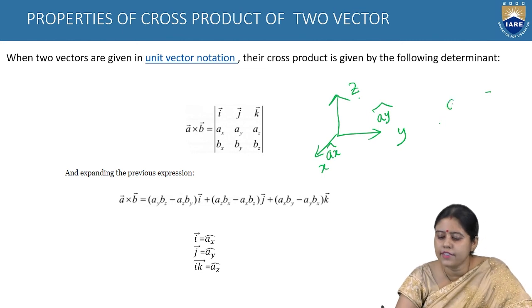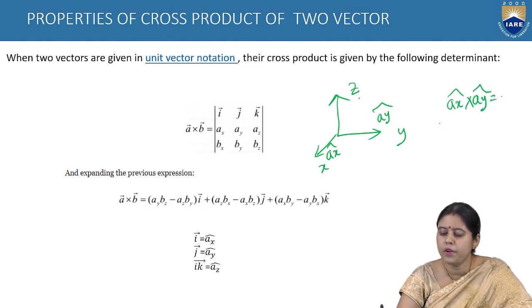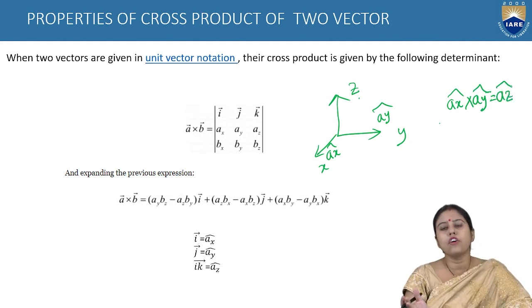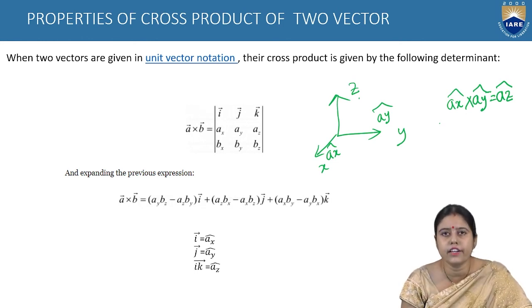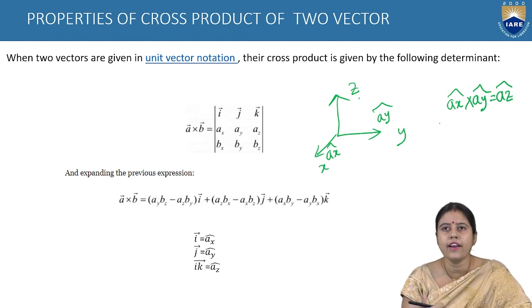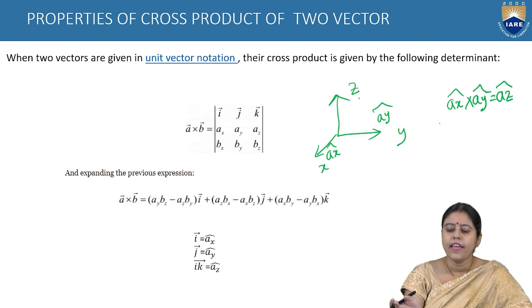So AX cross AY will always be AZ. If we go in the anti-clockwise direction, the resultant direction will be positive and in the upward direction.